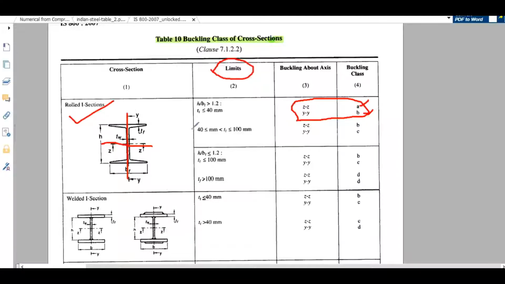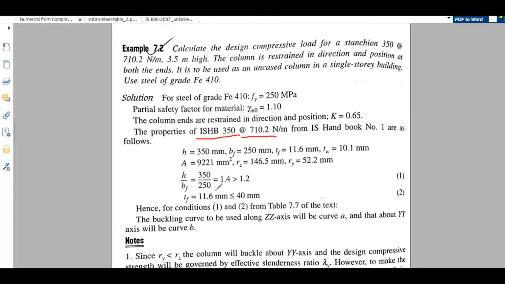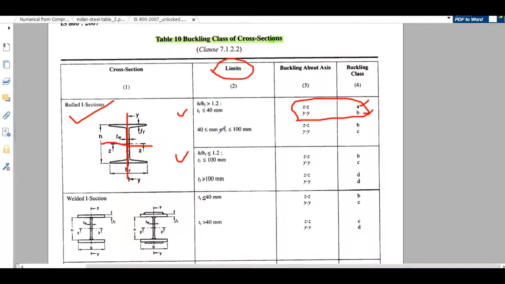If h by bf is more than 1.2 we go for one part, and if h by bf is less than or equal to 1.2 we select the other. Now in the numerical, h by bf is equal to 1.4, which is more than 1.2, and tf is 11.6. Let us check. It is more than 1.2, so it will be this case.